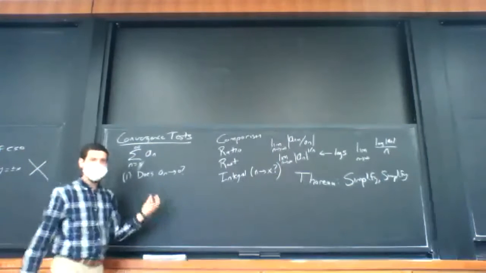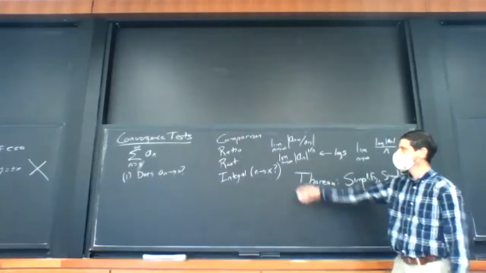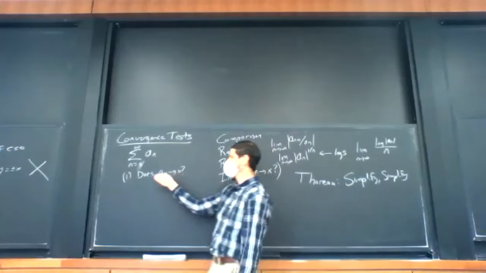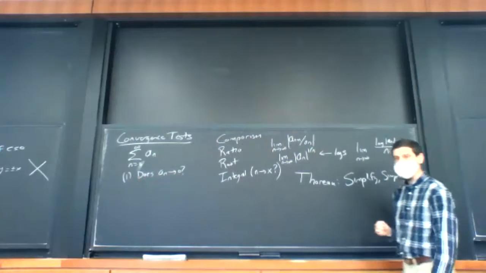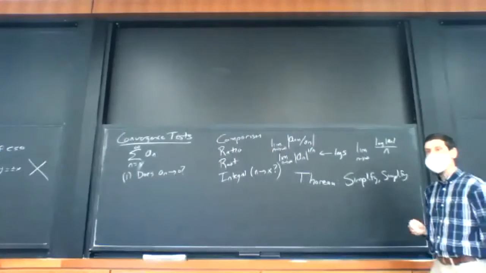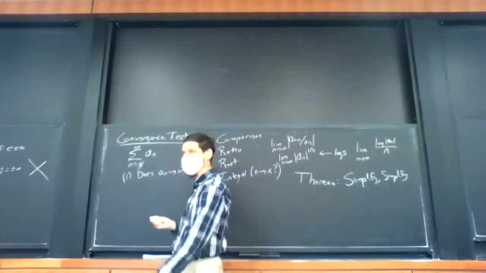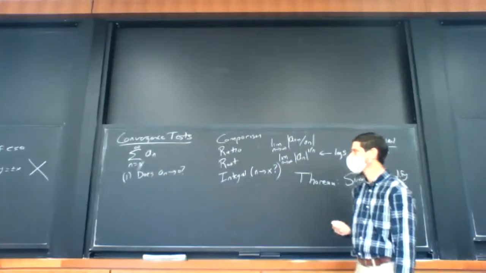If the terms aren't going to 0, then there's no way the sum can converge, and there's no reason to bother using any of these. So frequently, the simplest thing to do is to just ask, does a_n go to 0? If it does go to 0, it may or may not converge. 1 over n diverges, 1 over n squared converges. So it's not enough to know that the terms go to 0.